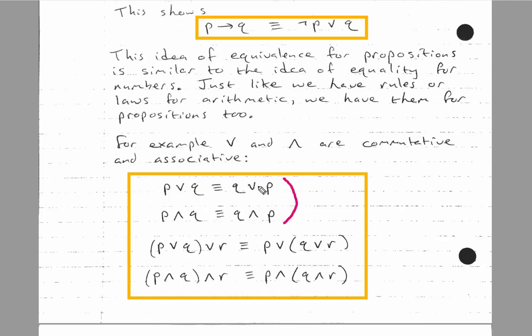We're saying that or and and are commutative operations, so you can switch the order. It doesn't matter. You can see why that's true if you look at the truth tables. It doesn't matter which is the order, you're getting the same answers.